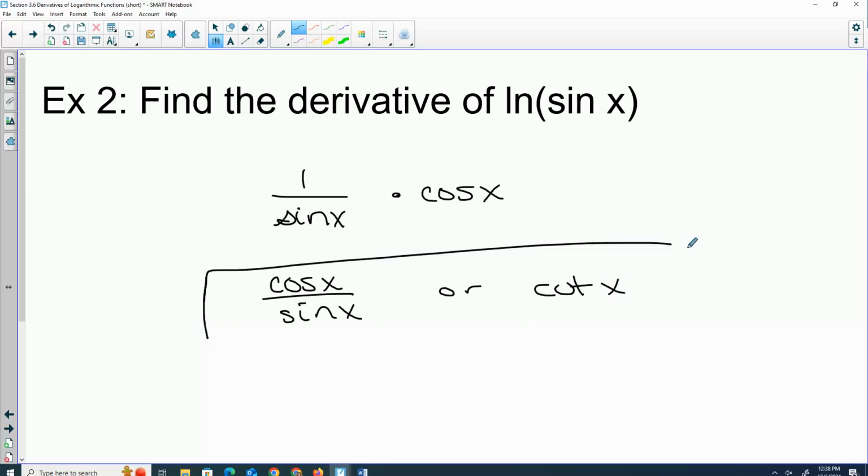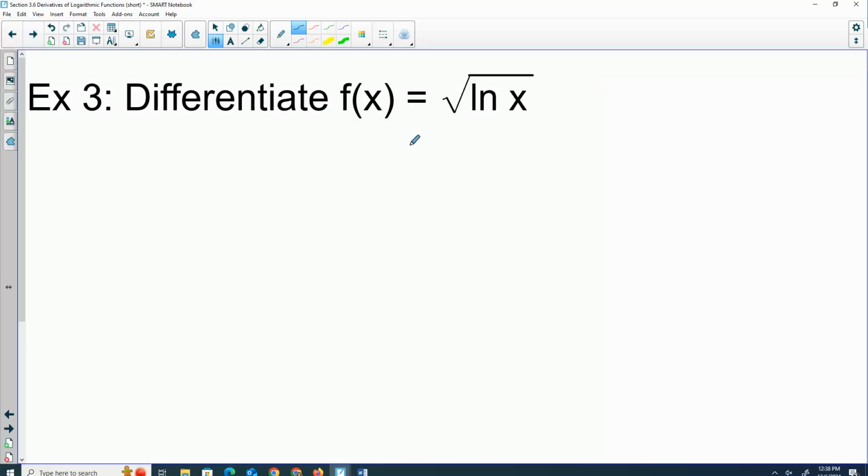Wait, but cotangent x equals 1 over tangent. Well, tangent equals sine over cosine. Not necessarily. I mean, if it's just a basic sine or cosine in there.